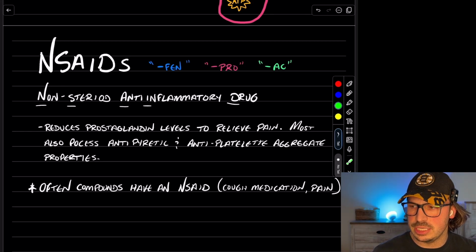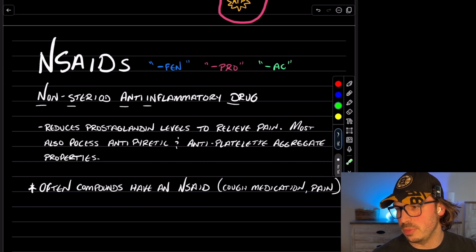Other ones that you're not going to see in your ALS medications, but might be very common, include diclofenac, etodolac, and fenbufen. I haven't even heard of some of these.